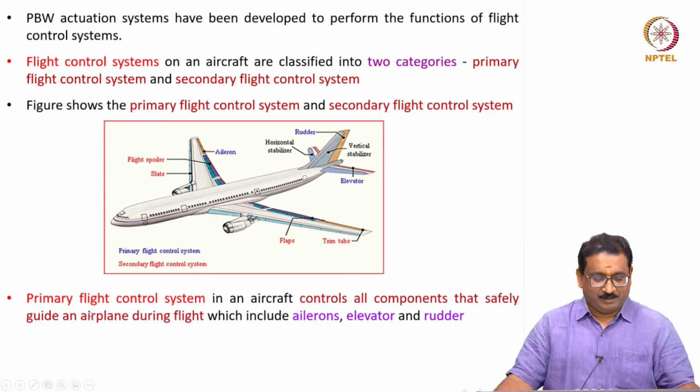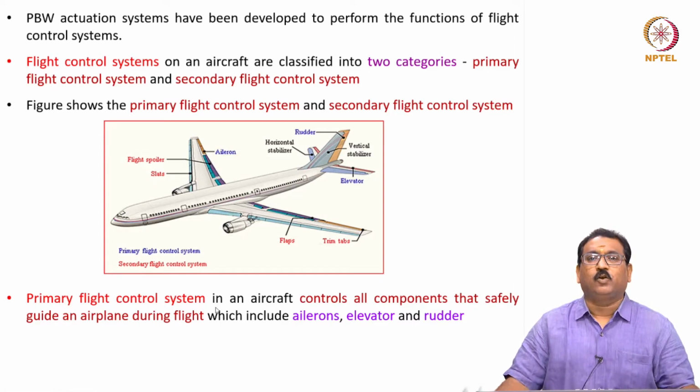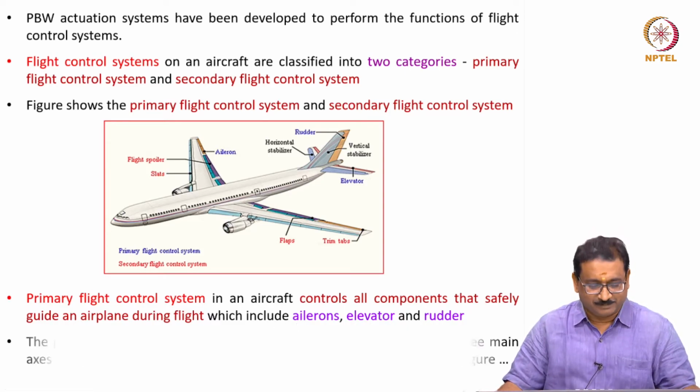What are these? The primary flight control system in an aircraft controls all the components that safely guide an airplane during flight, which includes ailerons, elevators, rudders.